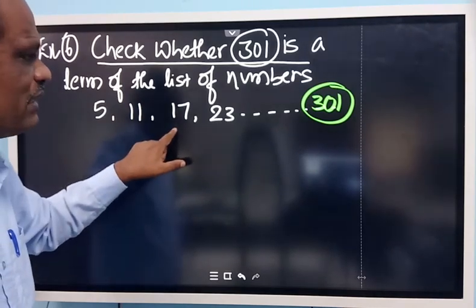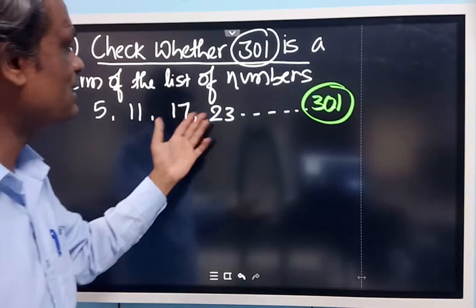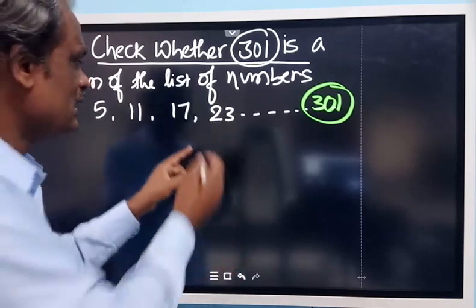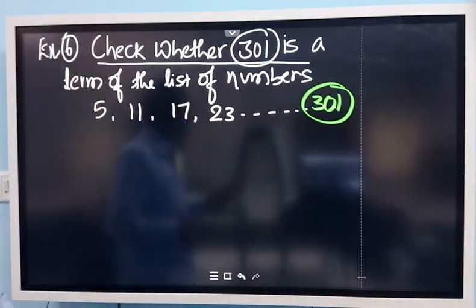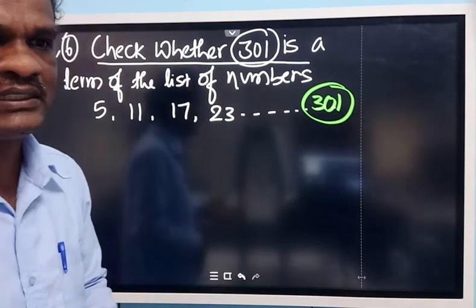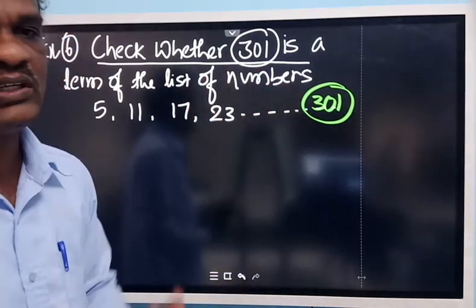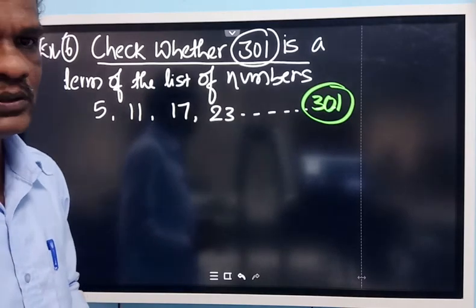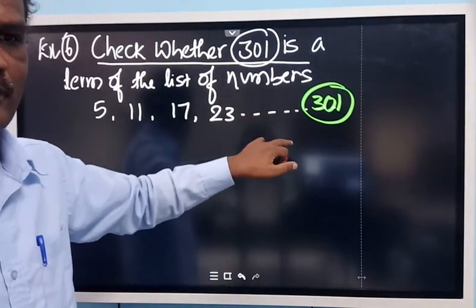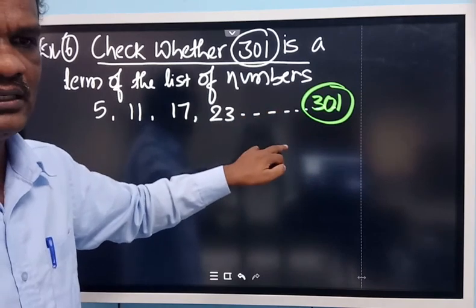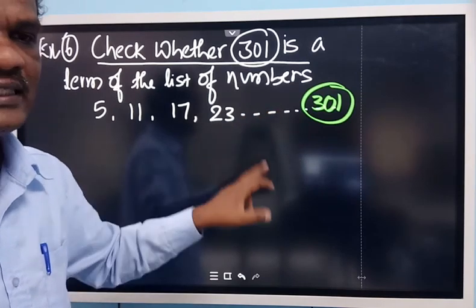Third will be 17. 2.5 means you will not get 17 or 23. So if the number n you are getting is a decimal or fraction, then consider that 301 is not in the list. To prove that 301 exists in this list, you need to find out the value of n, and it should be a natural number.